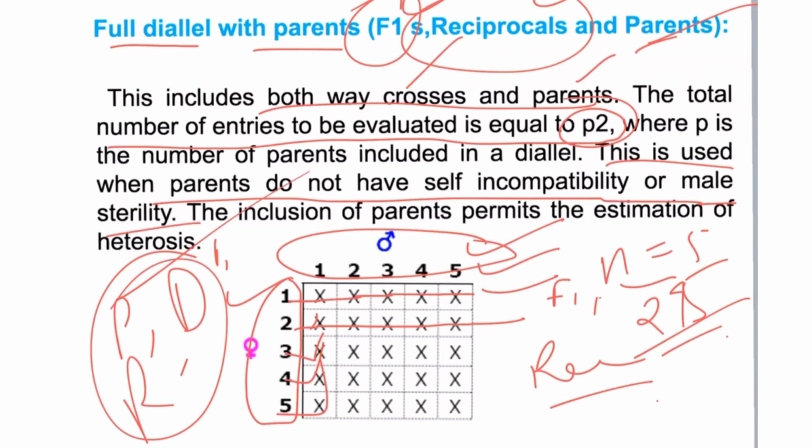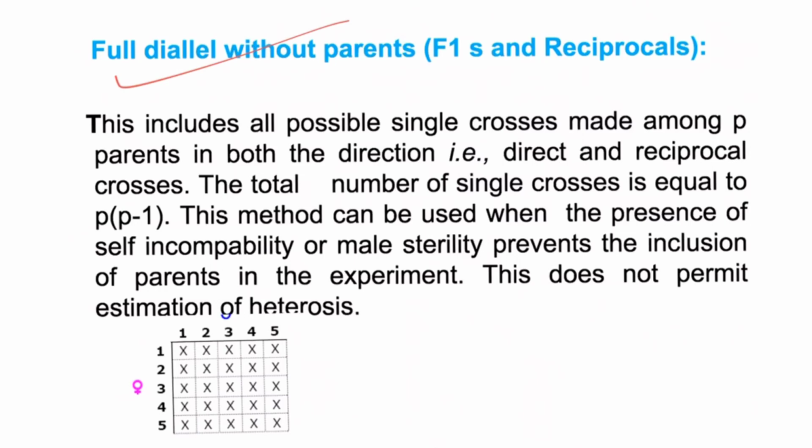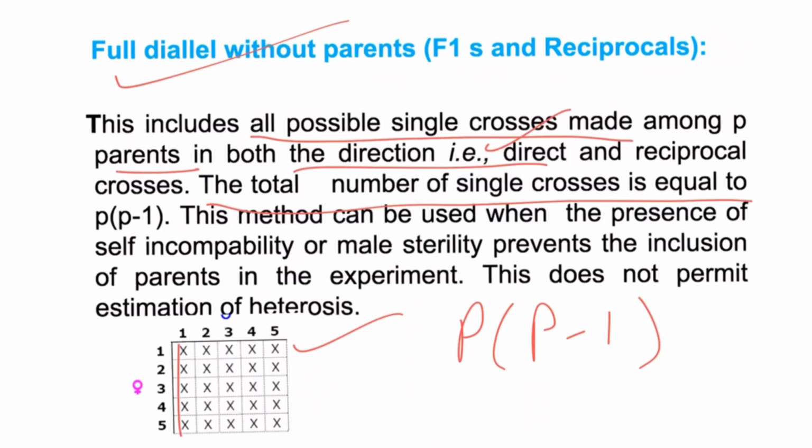Now there is another type of full diallel, without parents. This analysis without parents includes all the single crosses of p parents in both directions. It means direct crosses and reciprocal crosses. Now the total number of single crosses is equal to p(p minus 1), where p is the number of parents.